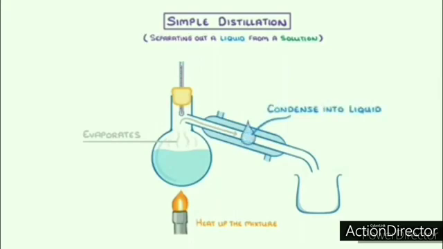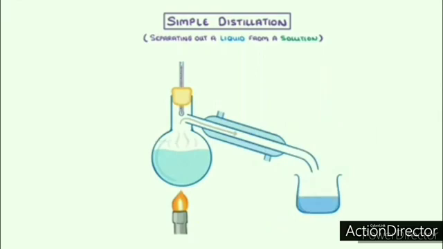In the condenser, the vapor is condensed by applying cold water, and we get pure water in the beaker, leaving behind the salt in the round flask. So this is the method of simple distillation, by which we can separate a solid-liquid mixture.